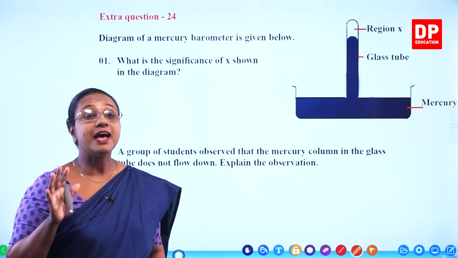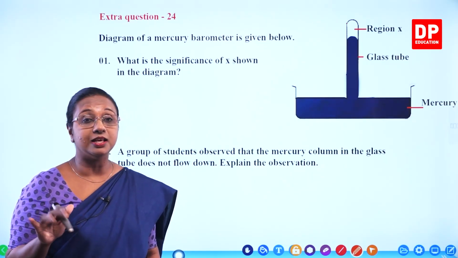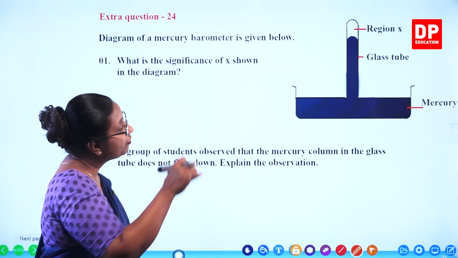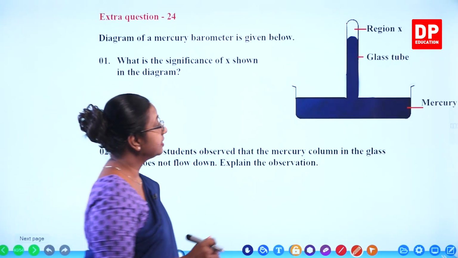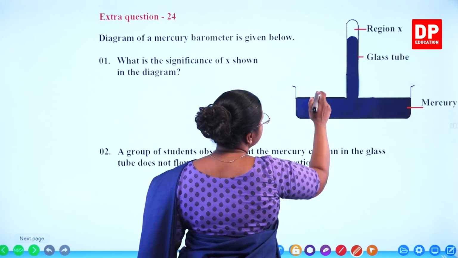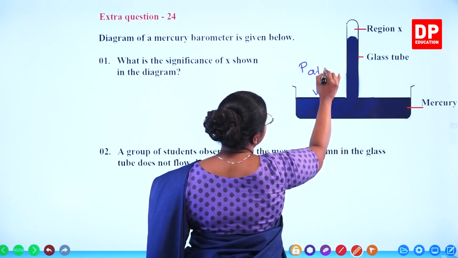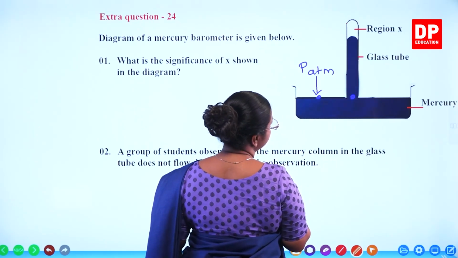The region X has to be a vacuum. It has to be empty space. There can't be anything. No air, no moisture, nothing. Then only you will have a mercury column. Why? Because the pressure exerted here is the atmospheric pressure. This is P atmosphere and that pressure is equal to the pressure at this point.